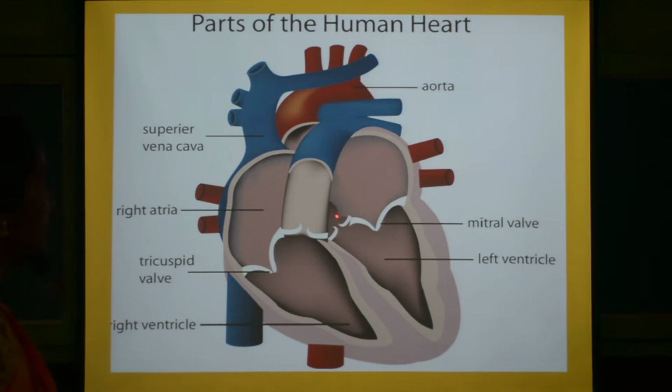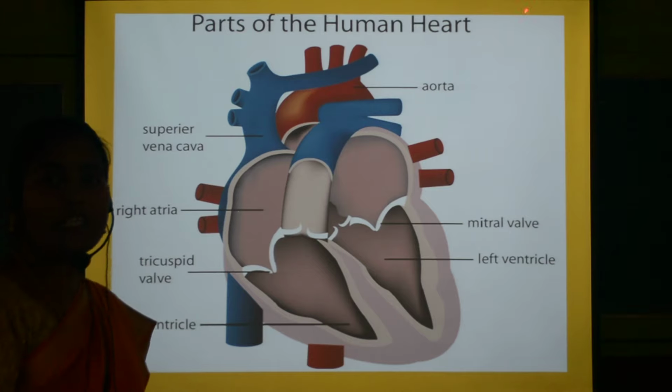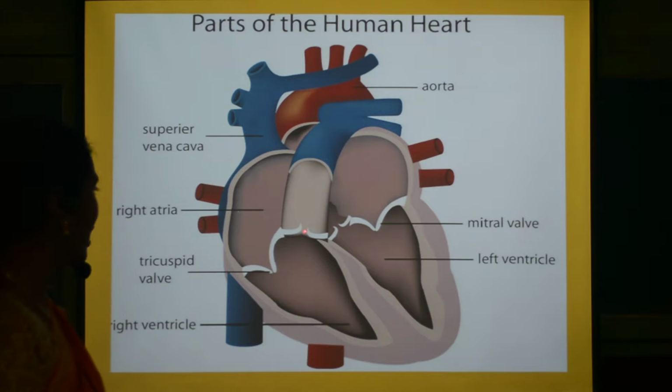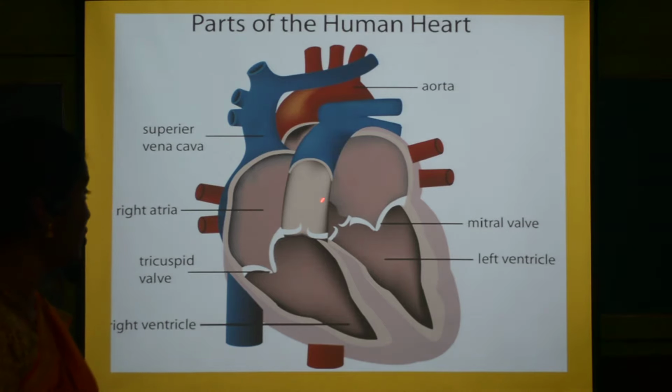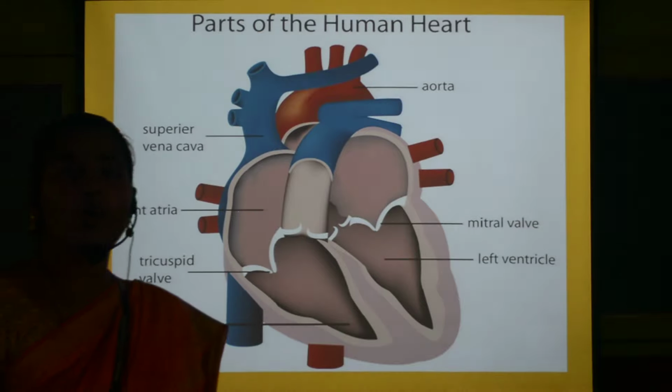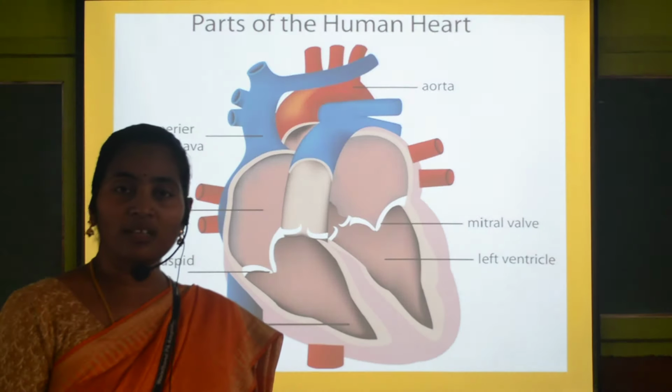This valve which is present here leads to the aorta, so it is said to be the aortic valve, and the valve which is present here is said to be the pulmonary valve. But these two valves together, we call them semilunar valves.